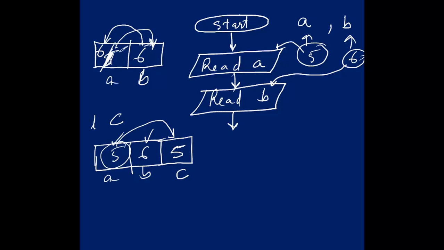Now we will change the value of A with value of B. This value of B we will write in A, and previous value of A, 5, will get deleted, and here it comes 6, because 6 is the value of B. Now how will I get 5, that was the previous value of A, into B?